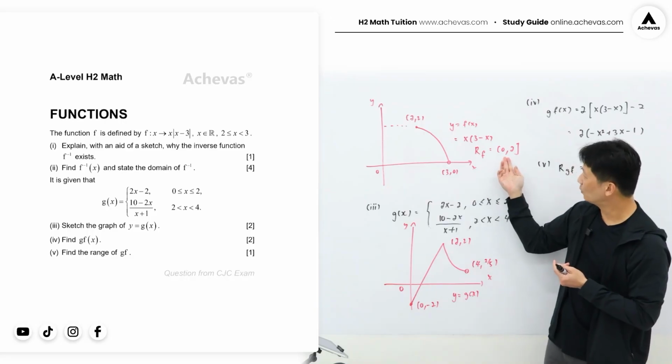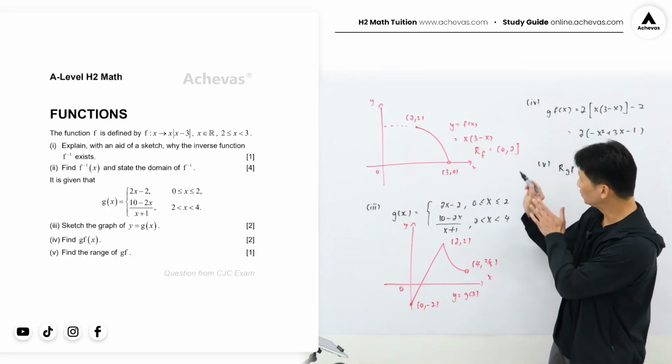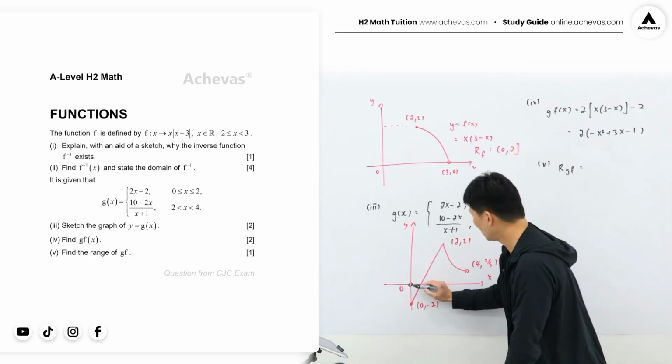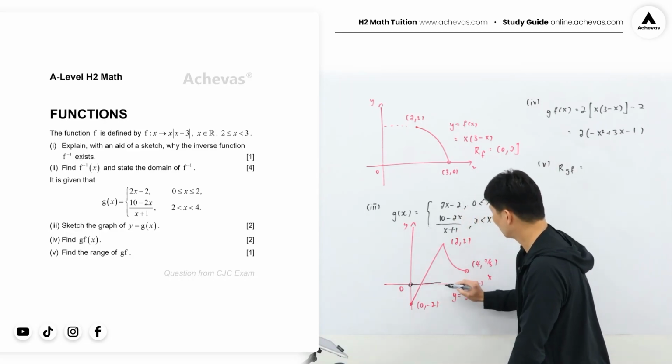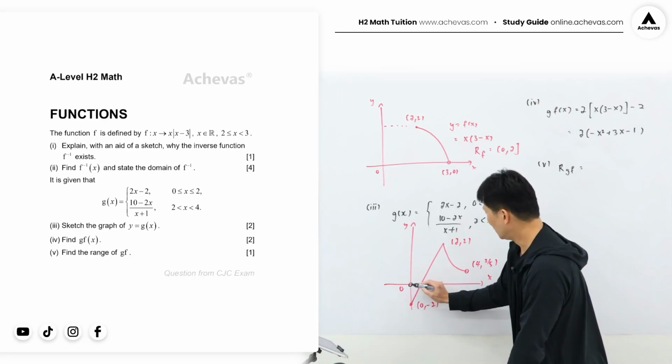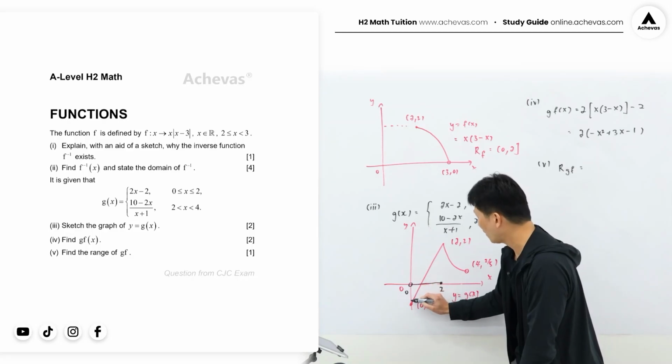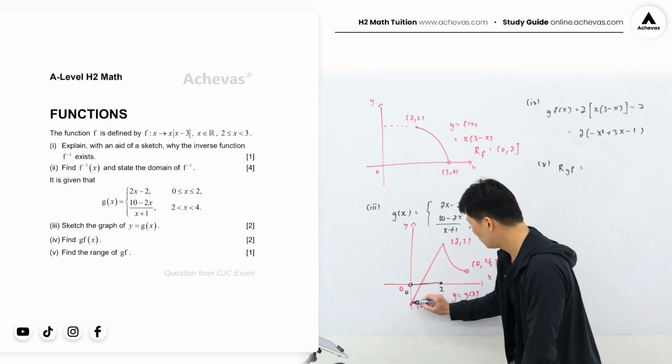So in this case, the output will be from 0 to 2. This 0 to 2 will be pasted into the input of the second function. So in this case, the domain will be from 0 to 2. And for this particular domain, we are going to look at what output is being produced.